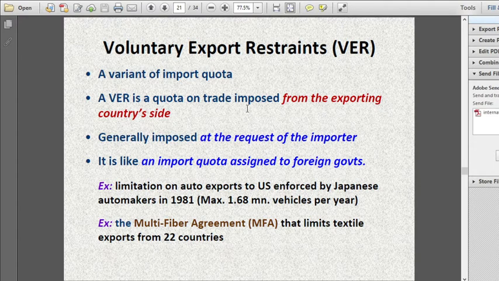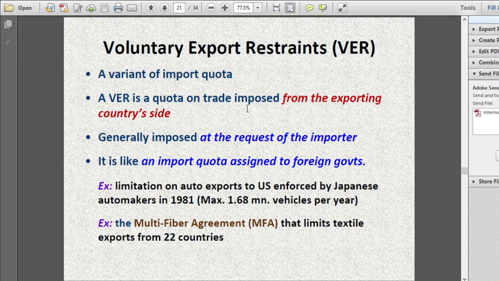Alam niyo kung bakit? Kasi Japanese people are one of the producers, no, of auto or yung mga car. At para makabenta sila ng maayos, ang US ay magi-import sa kanila.